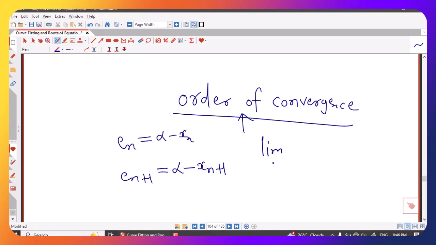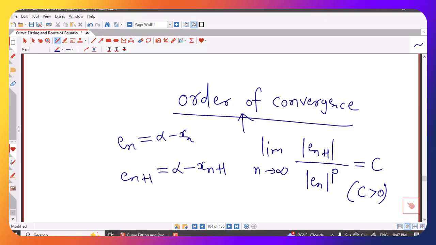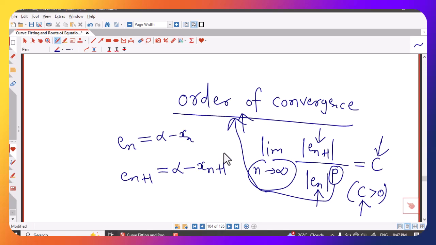If we consider the limit, as n tends to infinity, of the absolute value of the n plus 1th error divided by the pth power of the absolute value of the error at the nth iteration, and this limit approaches some positive constant c, then we say that this particular iterative method has order of convergence p.